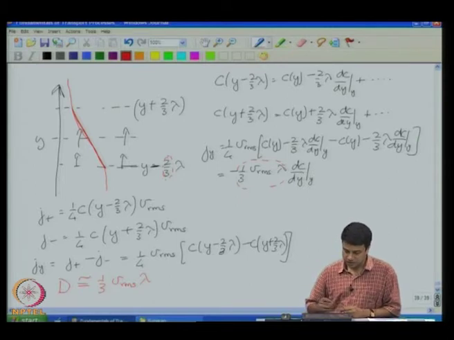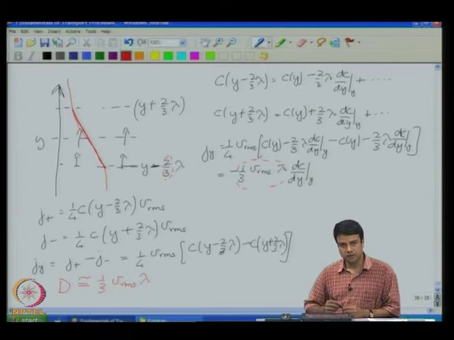So, the proportionality constant has to have dimensions of length squared per unit time. You can easily see that Vrms times lambda has dimensions of length squared per unit time. Velocity has dimensions of length per unit time, lambda has dimensions of length. So, this is the diffusion coefficient calculated from a microscopic perspective with an approximation.